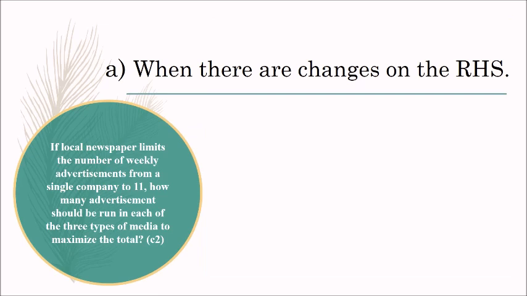Okay, this is the third question from the first case. If the local newspaper limits the number of weekly advertisements from a single company to 11, how many advertisements should be run in each of the three types of media to maximize the total?